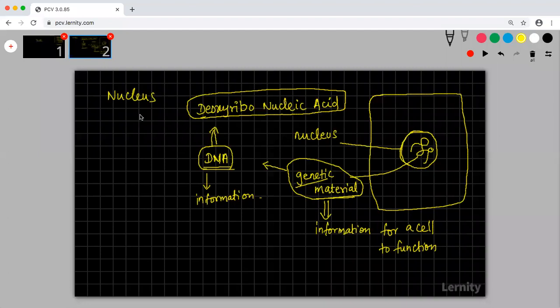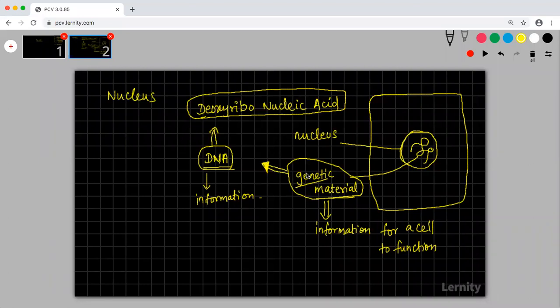Your father is looking like he has a different DNA content in his body. Your mother is looking different because she is having a very different content in her body. Like this, whatever I'm trying to tell is, this DNA is the genetic material. Okay, this DNA is what we call it as genetic material for the organism.